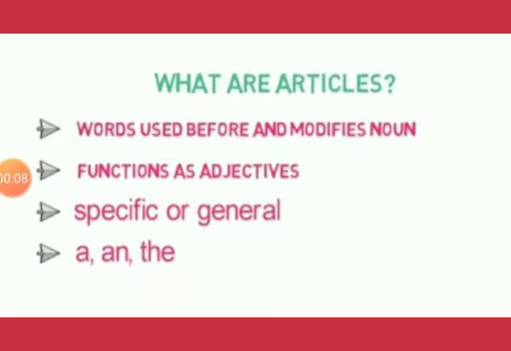Hello dears, Namaste. In today's class, we are going to discuss articles. Do you know what articles are? Words used before and modifying a noun, functioning as adjectives, specific or general. A, an, and the are the three articles.